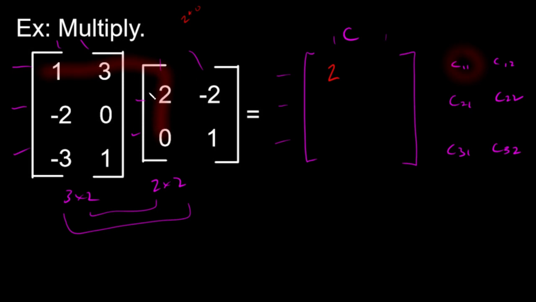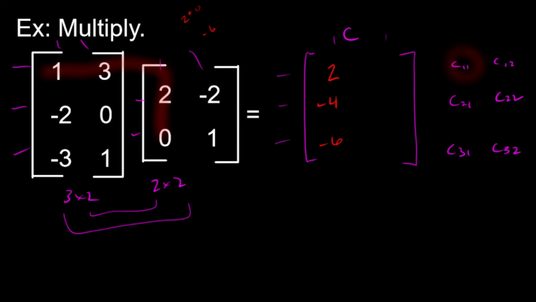So -2 times 2 is -4, and 0 times 0 is 0. So you've got -4. Then C31, that's row 3, column 1. So that's -3 and +2. That's -6. And 1 and 0, that's 0. So -6.